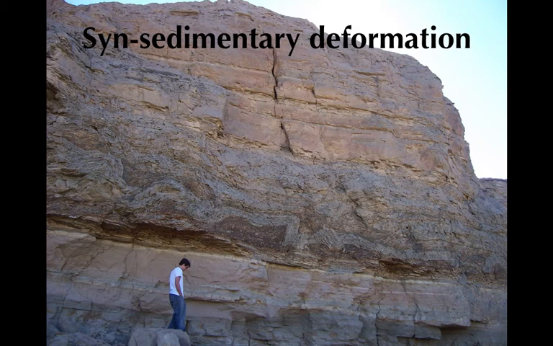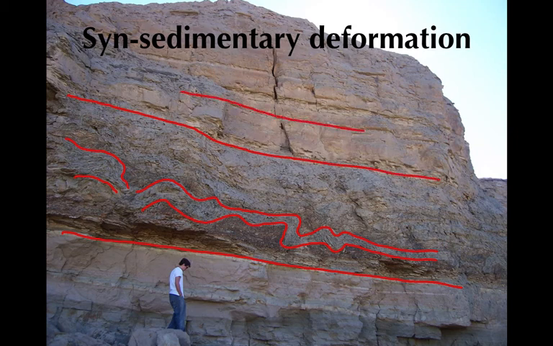So if you look carefully here, you can see that there's a bed of sediment that is deformed, and there are actually several layers in here that are deformed in a similar fashion, and these deformed layers sit on top of undeformed layers and are overlain by undeformed layers, which is what we mean by something being stratabound.